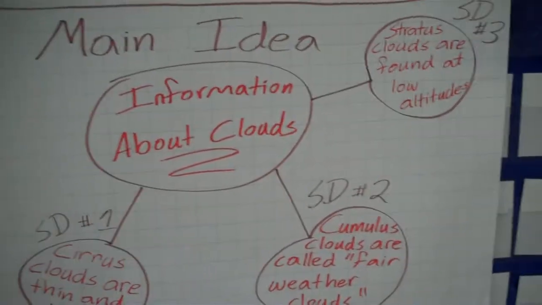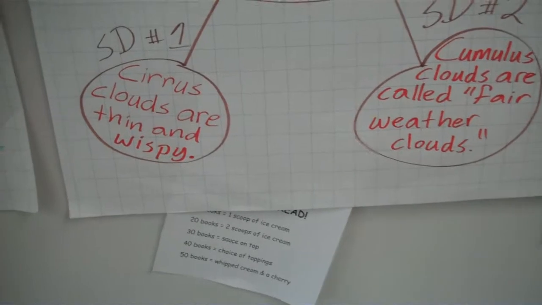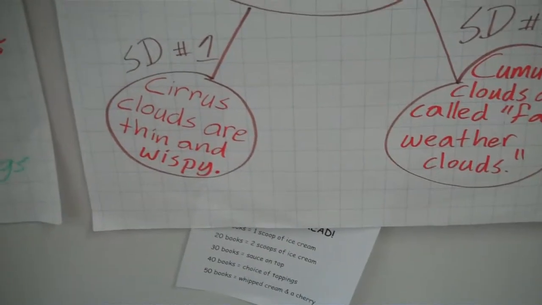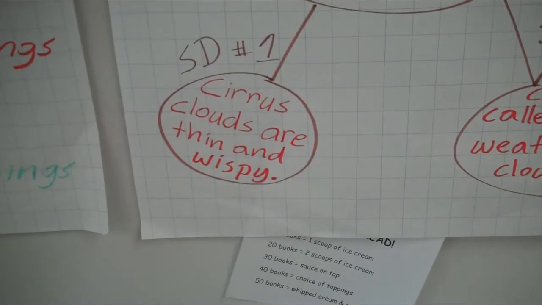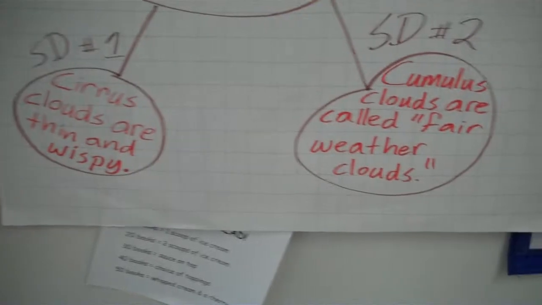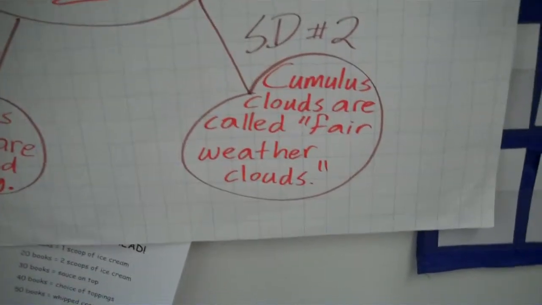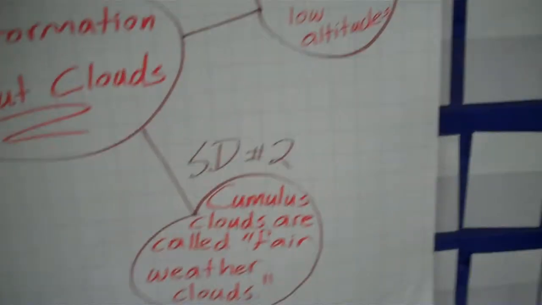So let's say we've read a book, and I have these little bubbles that are abbreviated SD1, SD2, and SD3. The first SD stands for supporting detail. One detail that I find in this story is cirrus clouds are thin and wispy. Supporting detail number 2, cumulus clouds are also called fair weather clouds.